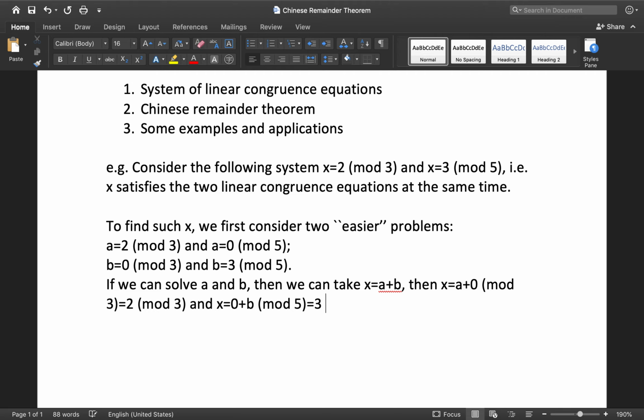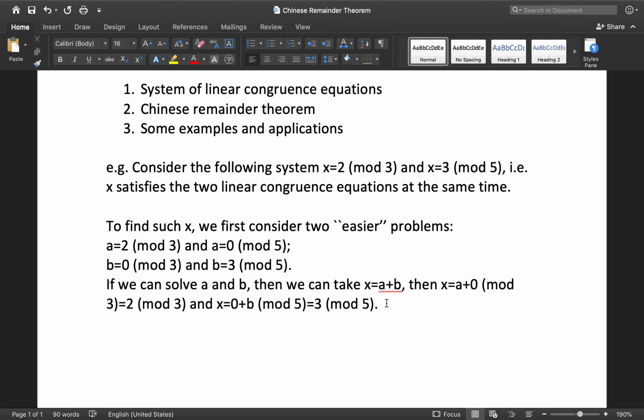So we got 3 module 5. And we're done. Because this is exactly the requirement on x, because we have to guarantee that x is congruent to 2 module 3 and also x is congruent to 3 module 5, which you can check is exactly what we want.